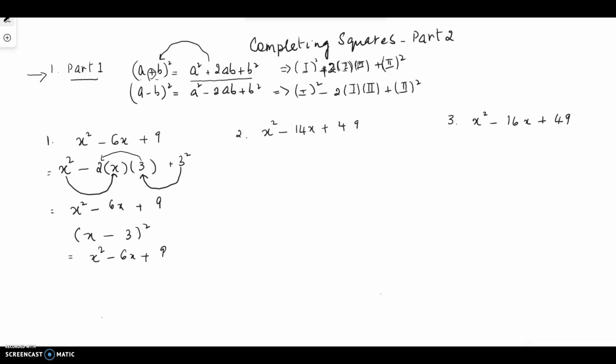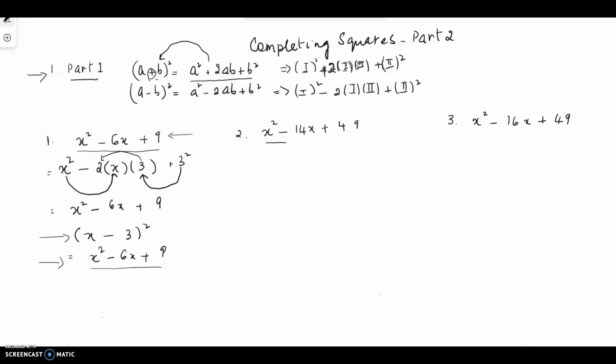So in part 1, when we got an expression of this sort, we learned how to use the special product and expand it into this standard quadratic form. Here we are doing the opposite. If we get the expression in this general quadratic form, can we write it as a perfect square? So let's do the same thing in the next example.